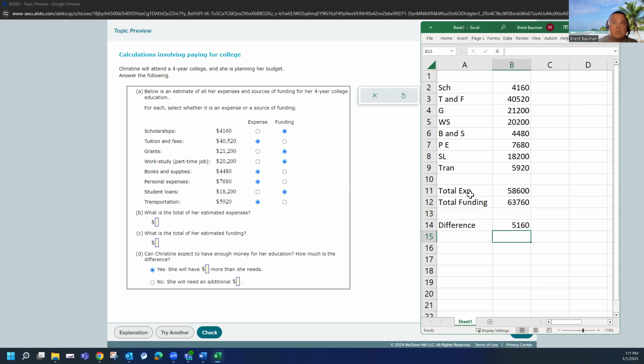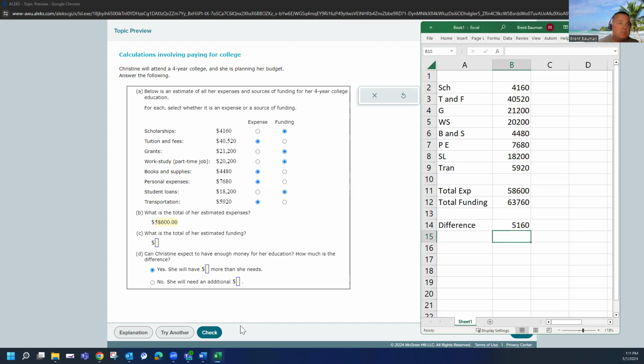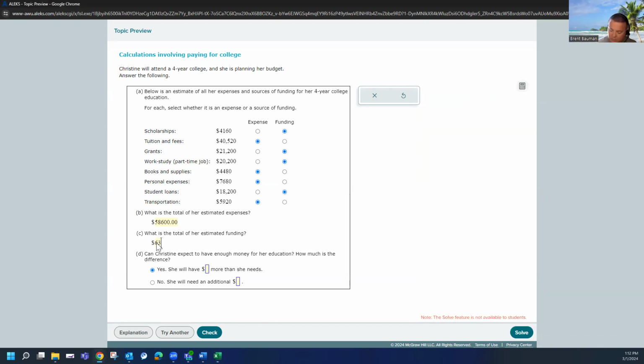So our total expenses is 58,600. And our total funding is 63,760.